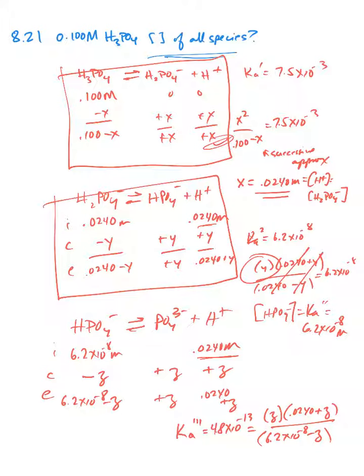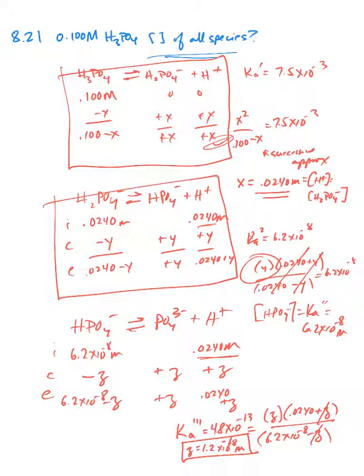Well, it looks like we could make an assumption again that the plus Z and the minus Z are going to be awful small. And if you do that, our final concentration is practically infinitesimal. I get a value of 1.2 times 10 to the minus 18th. Pulling off that third proton is just really, really a small value when you get all said and done.